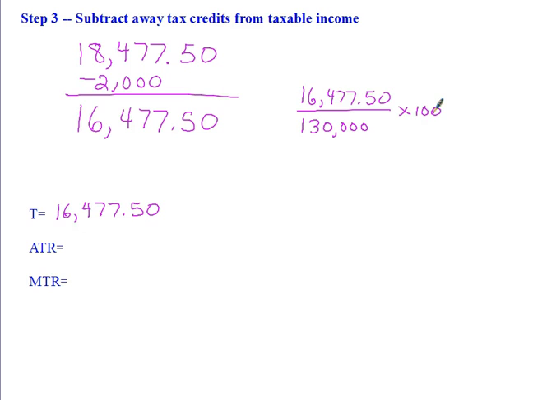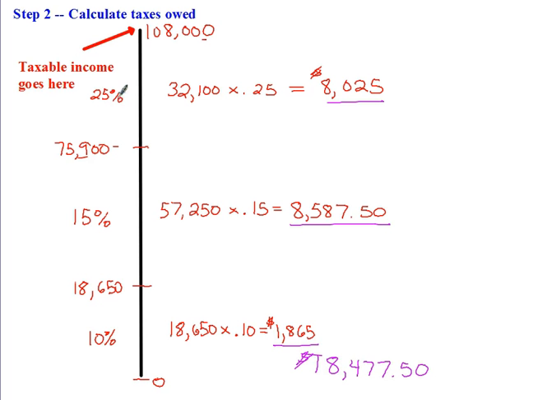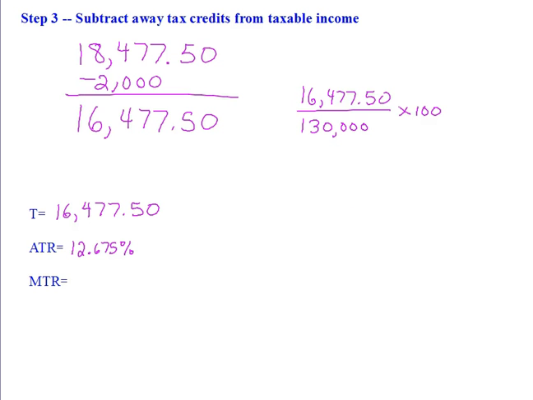So $16,477.50 divided by 130,000, and multiply that by 100, and I get an average tax rate of 12.675%. And then finally, what is my marginal tax rate? Well, the marginal tax rate is the bracket that I'm in, which right here, that $108,000 is in the 25% tax bracket. And so I would say that my marginal tax rate is 25%.